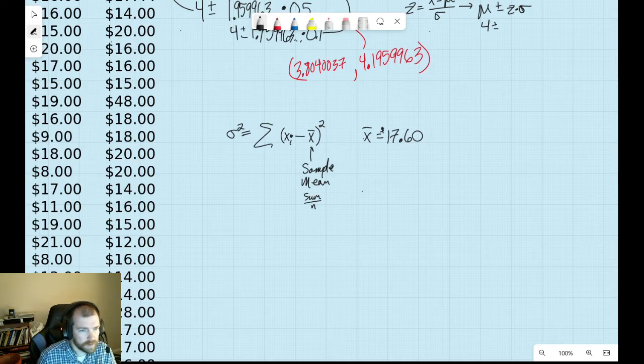Cool. Okay, this is going to be equal to A15. And then square it. Down right.